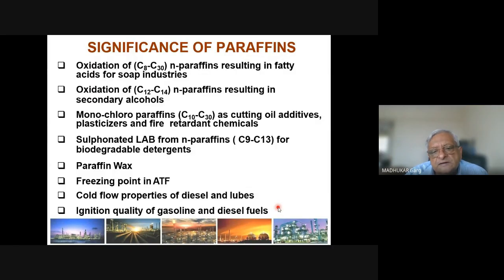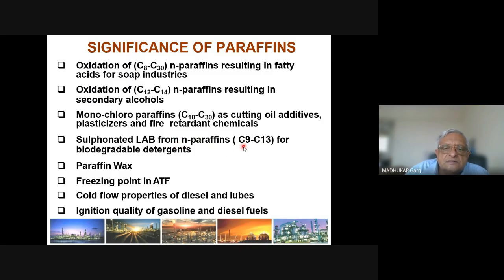So it should be biodegradable, and normal paraffin. LAB stands for linear alkyl benzene. Linear alkyl benzene around the world is produced from normal paraffins in the range of C9 to C13, and this is separated out from kerosene.